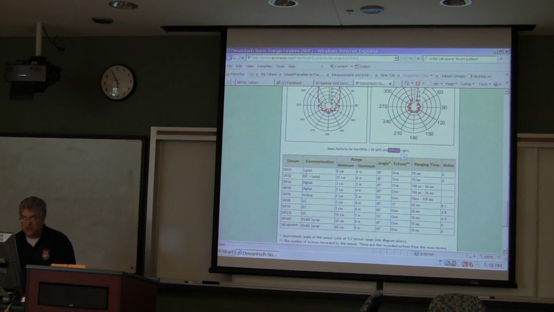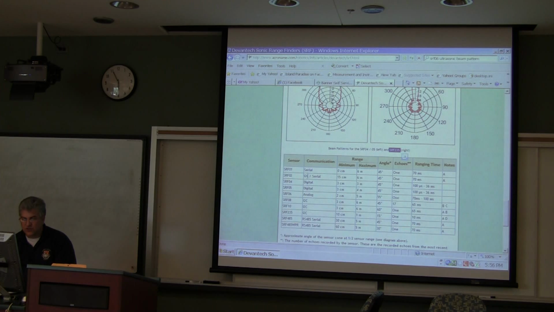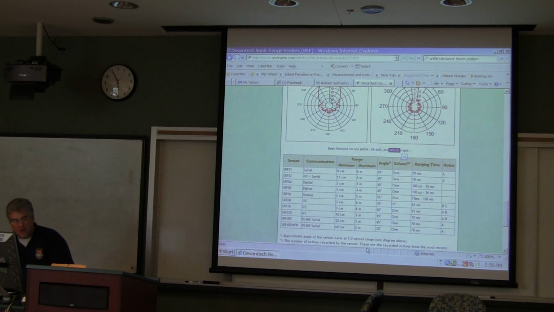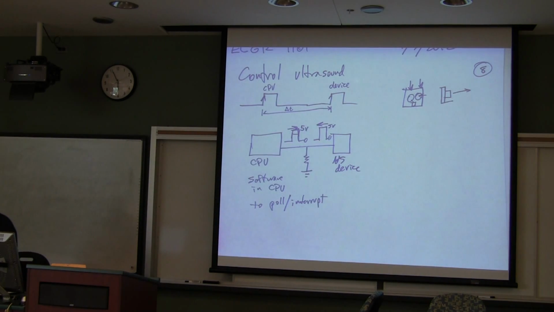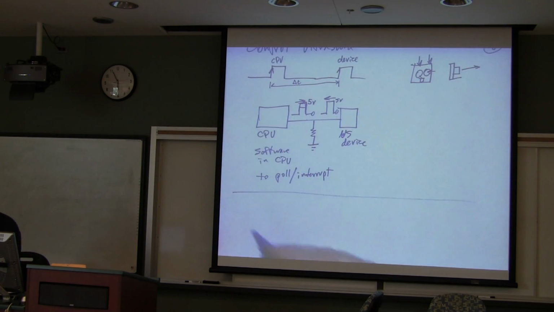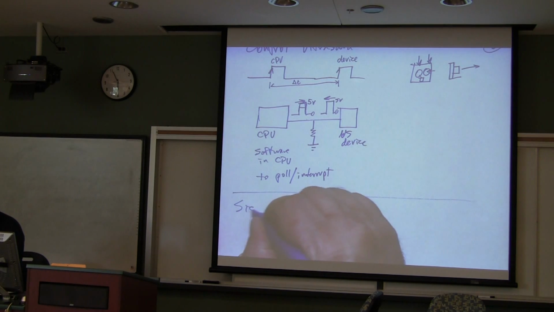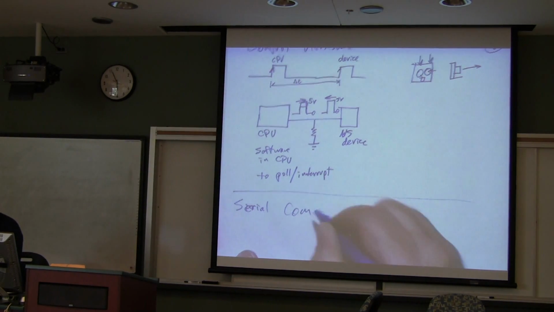Now notice here, communications. What is that? Digital, serial, I squared C. Well, one thing I want to point out is that here I showed one example of how you can do communication. Another one is literally to do serial, like DB9 and stuff like that.